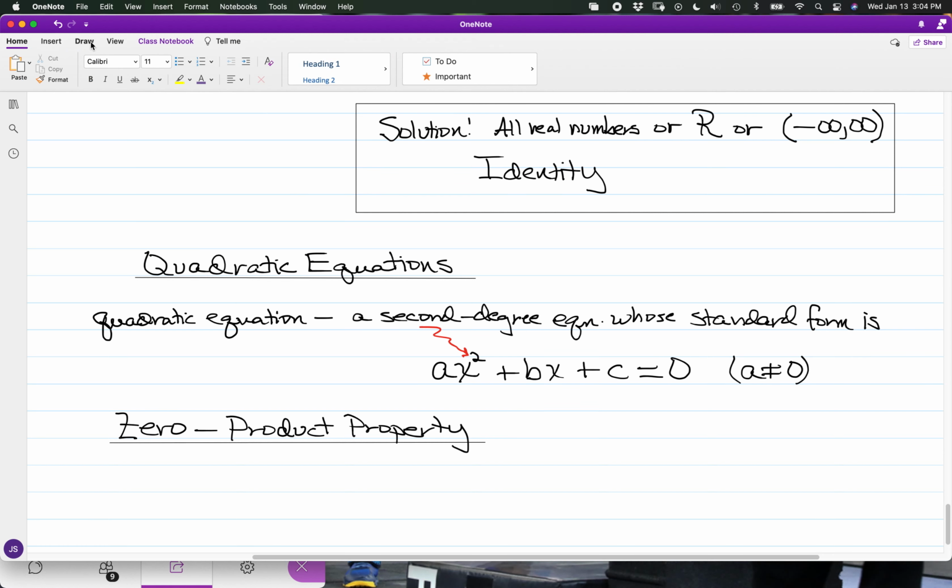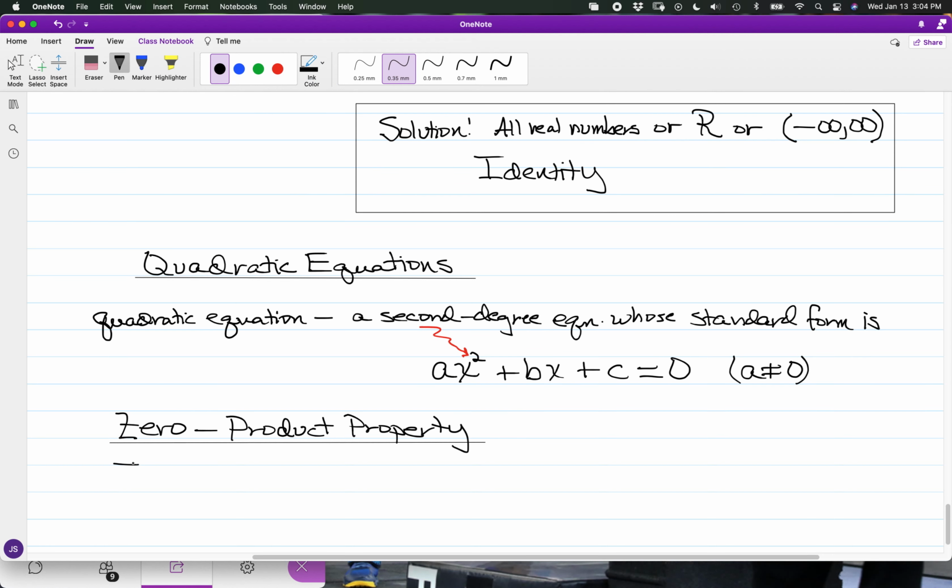And this property states that if we have at least two expressions, again, not limited to two expressions, but say we have two expressions, A and B, and they multiply out to 0. For this to be true, then at least one of these factors has to be 0. So for the product to be equal to 0, in other words, for A times B to be equal to 0, one of these must be 0.